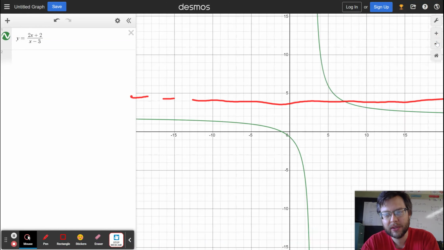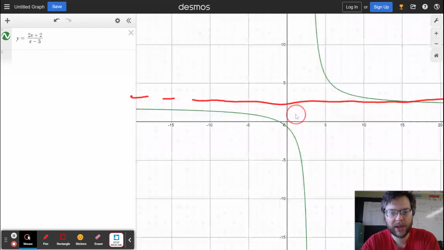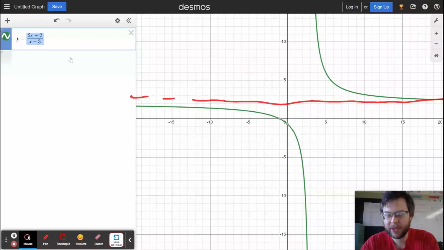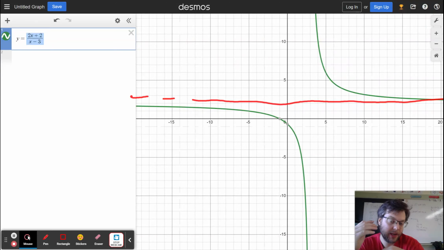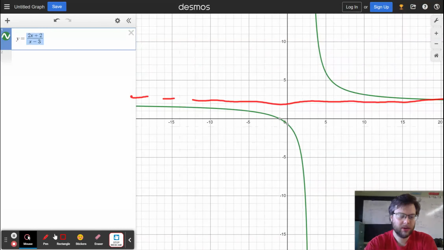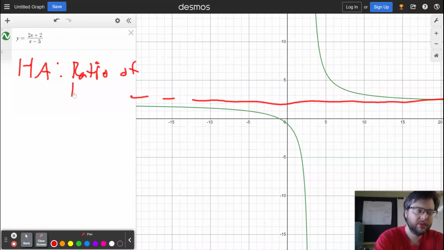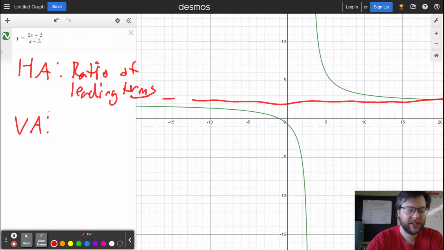The reason is, if you look at the top and the bottom, and if I plug in big numbers like a million, now the top is like 2 million and the bottom is like almost 1 million. And so that comes out to be really close to 2. So in general, what you can do for the horizontal asymptote is you look at the ratio of leading terms.